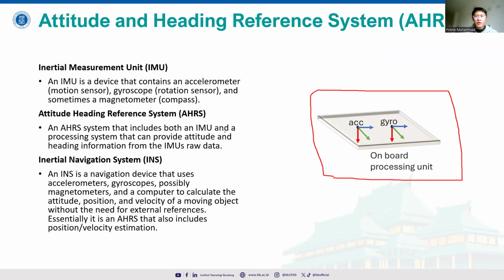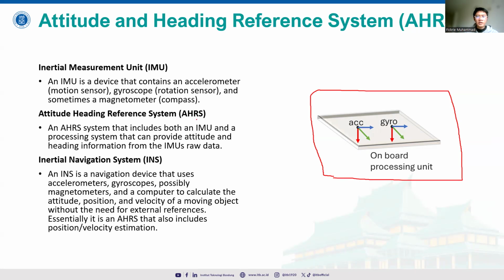It includes the IMU and the processing system, because the processing system is needed to compute the data measured by the raw accelerometer and the gyroscope to provide the attitude and movement of the vehicle and also the heading, if we also integrate the magnetometer from the raw data.